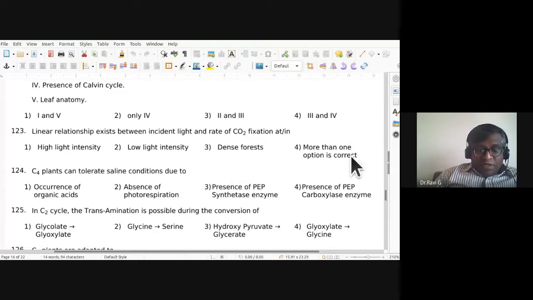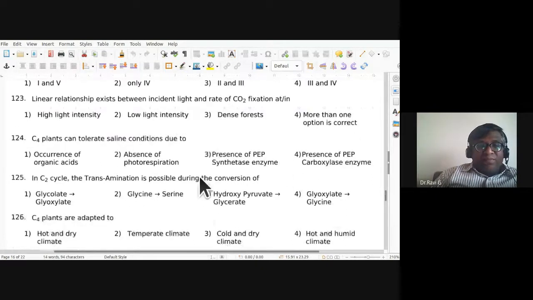Where does the linear relationship exist? More than one option is correct here. It can be high light intensity, low light intensity, or dense forest. That is the reason the fourth one, more than one option is correct.